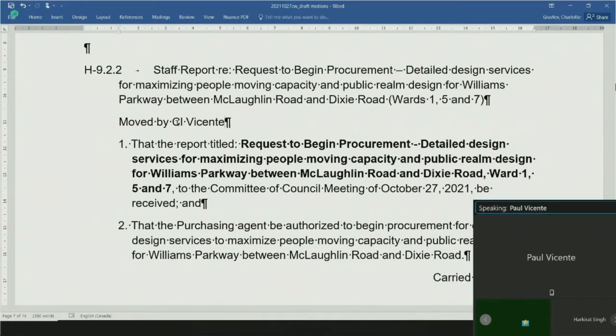The way is, in fact, to make investments in transit, in active transportation, and improvement of the pedestrian realm, which is the reason why we ask staff to rethink how we can build this corridor to better fit the use and to fit the future of what the City of Brampton will be.